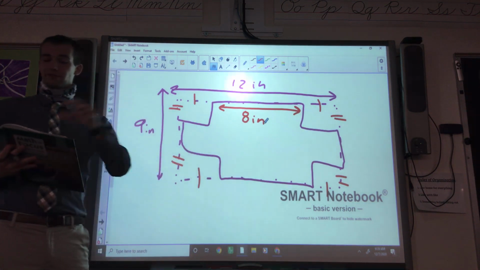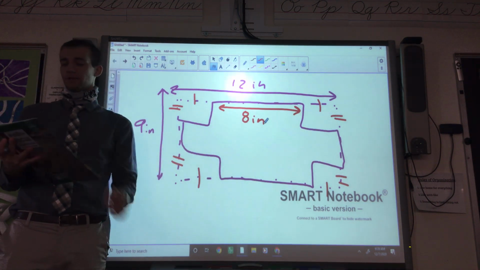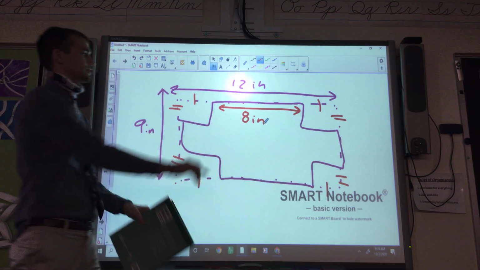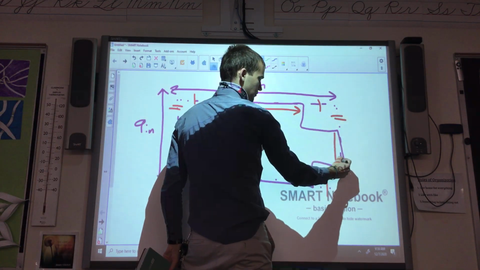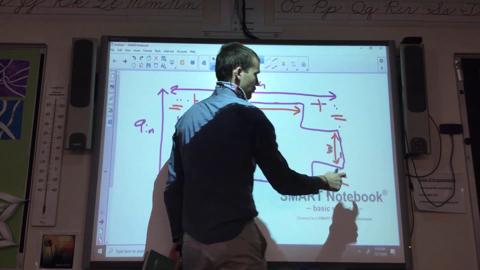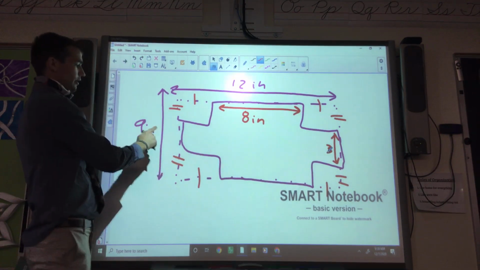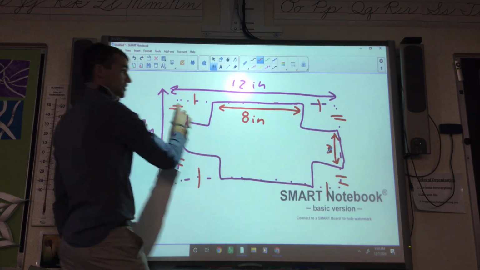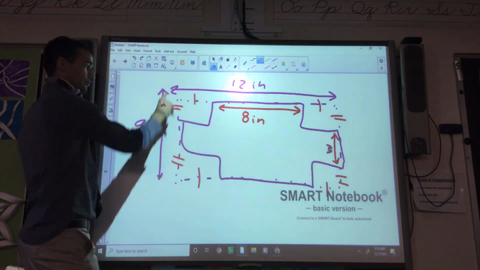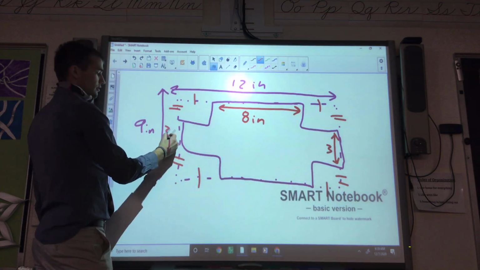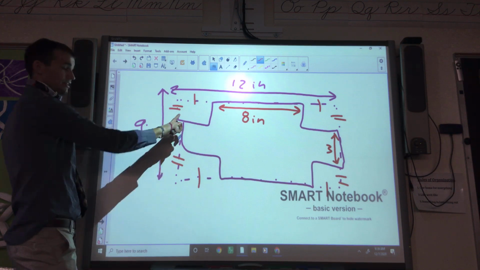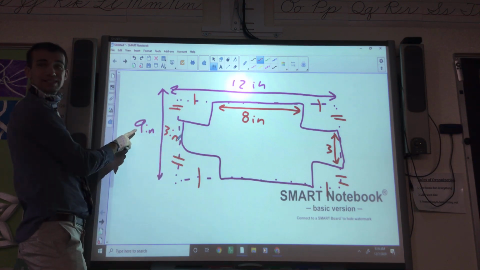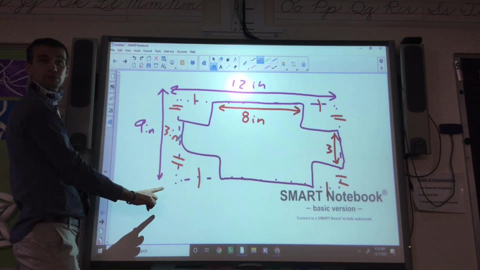Look at the 3D thing on page 96. It says this is 8 inches, and it says this is 3 inches. So if that's 3 inches, then that makes this 3 inches as well. And if this is 3 inches, then there's 6 inches of these 9 to go to these 2.